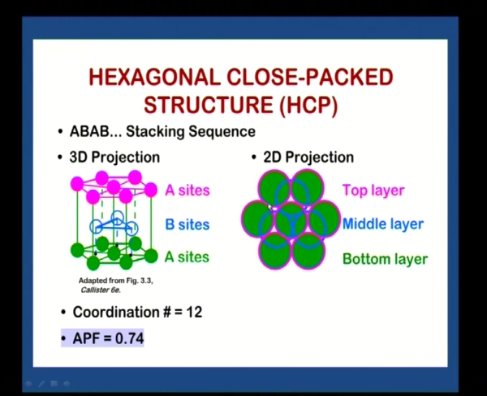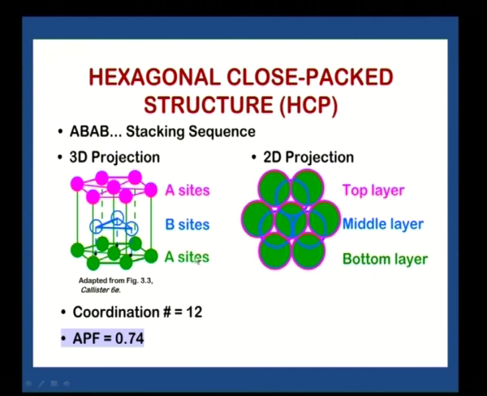In the green region, the green is the bottom layer, okay. Then the top layer is again green. You should remember the bottom layer is green and the top layer is again green, and these two colors are matching. The bottom layer is here and the top layer also is the same, right.